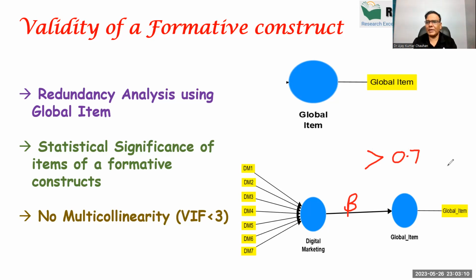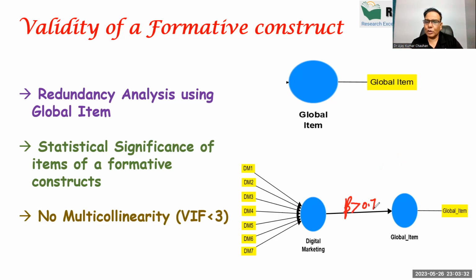So you can say that my construct is a valid construct. So the first criterion is the beta should be greater than 0.7.